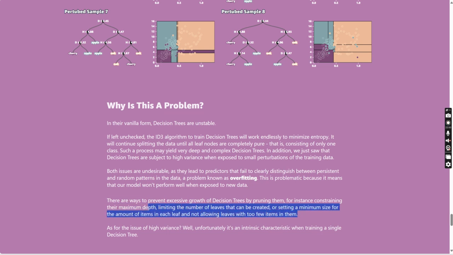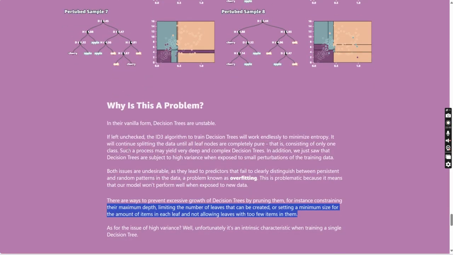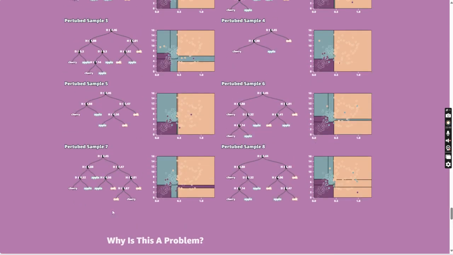This process is called pruning. So you won't allow leaves with few items. You are cutting the size of the tree.